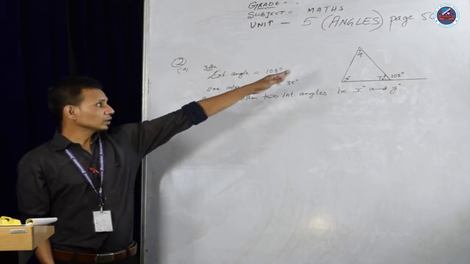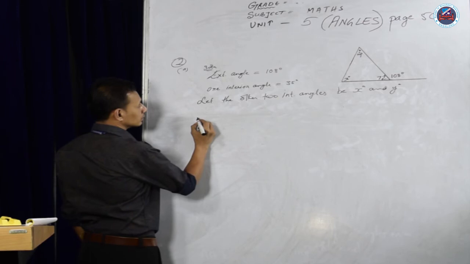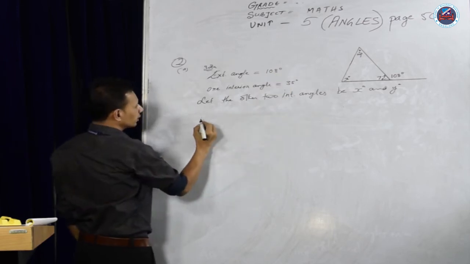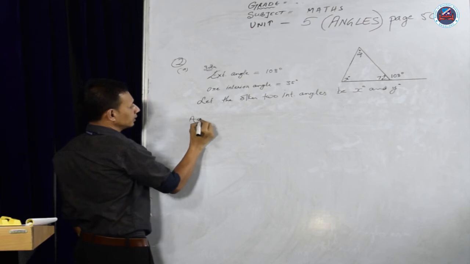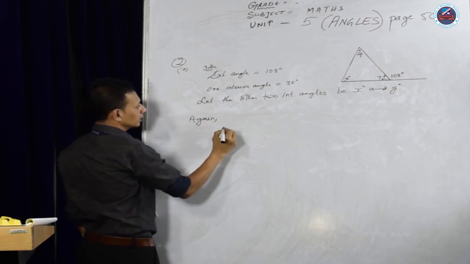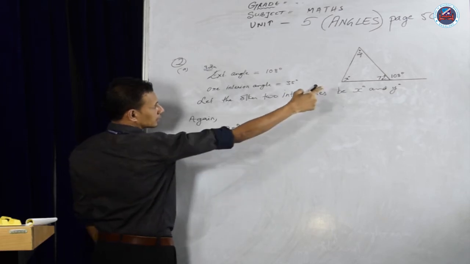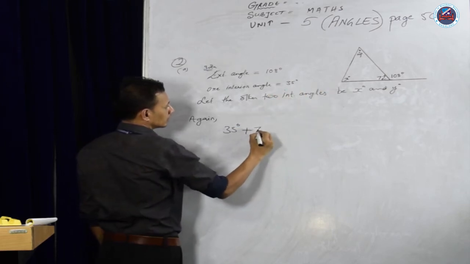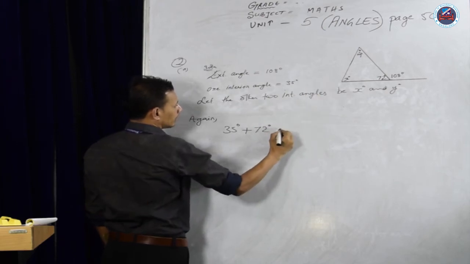Now I'm going to touch this triangle. 35 degrees, again 35 degrees plus 72 degrees plus x.